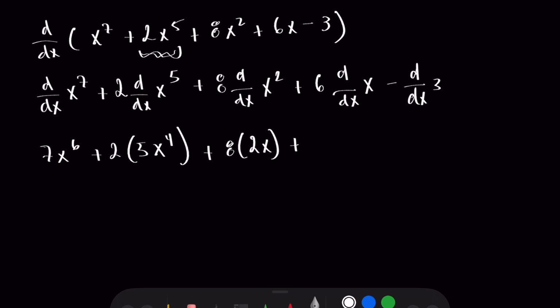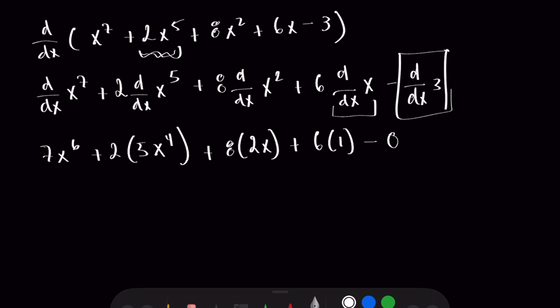Then we have plus, and the derivative of this term here of a single variable with a degree of 1 is just going to be 1. So we have 6 times 1. And then the derivative of a number is 0. So we're going to write minus 0 just so you guys can see it.